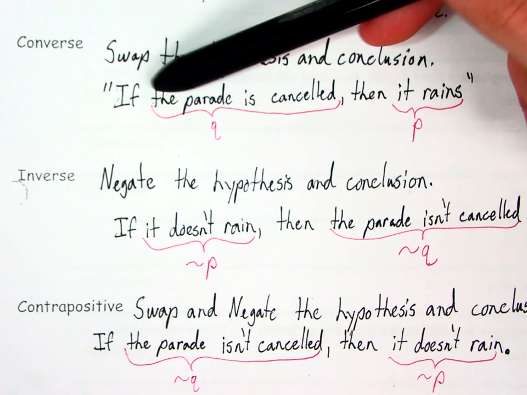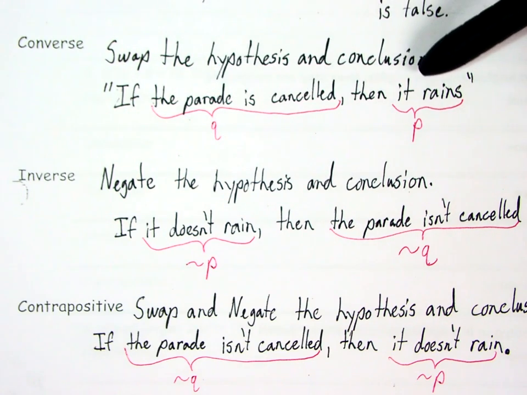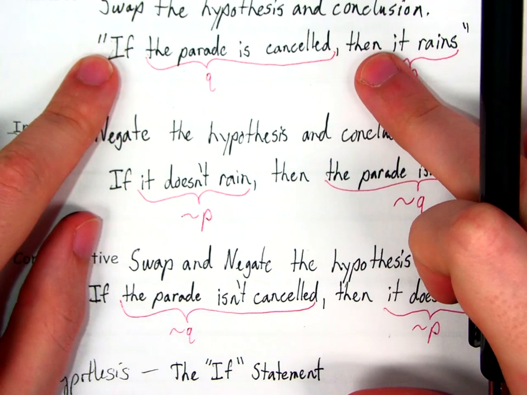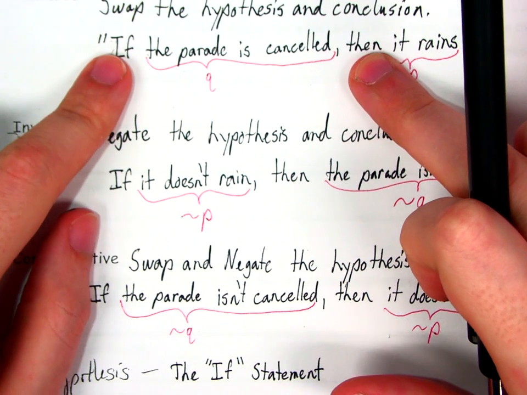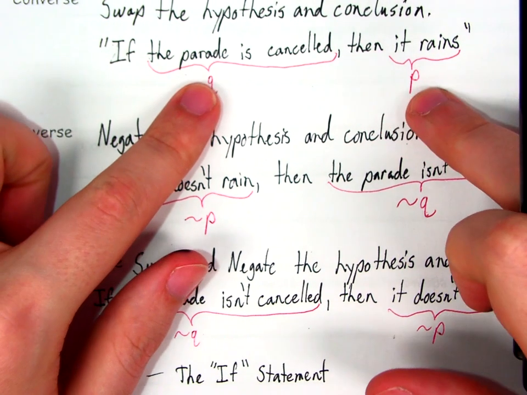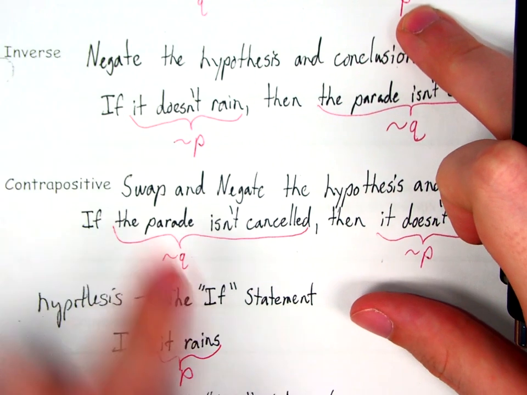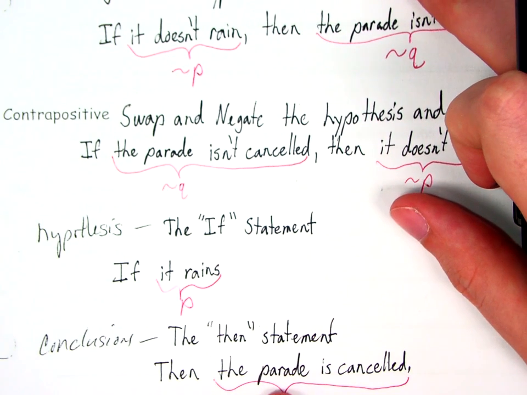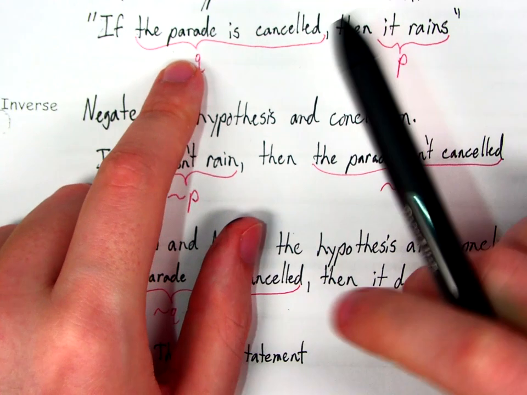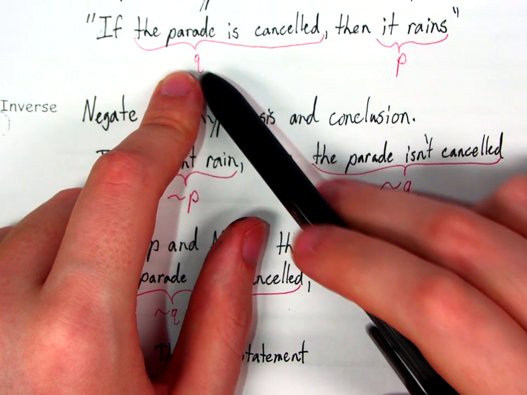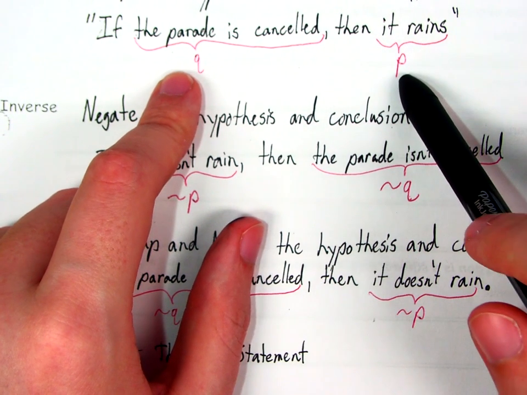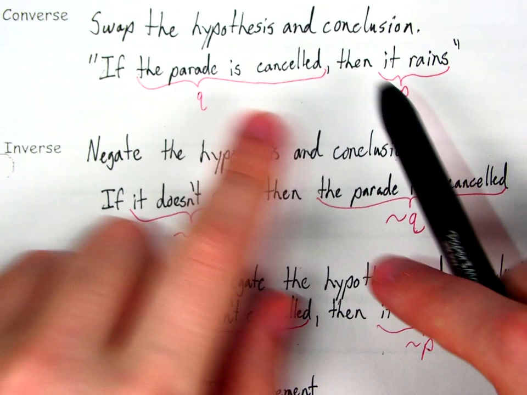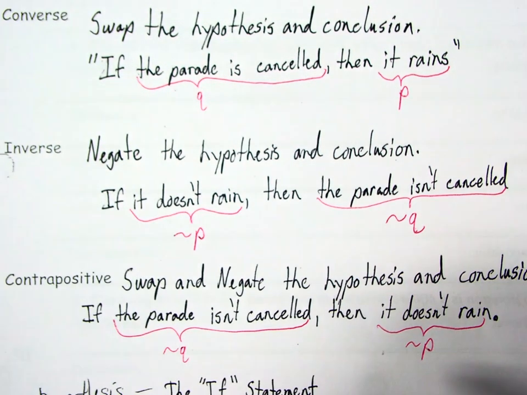We'd say, if the parade is canceled, then it rains. Notice if and then are always in the same order, but the statements following them are swapped. We had, if it rains, then the parade is canceled. Now we've got, if the parade is canceled, which was Q, then it rains, P. Our converse swaps our P's and Q's.